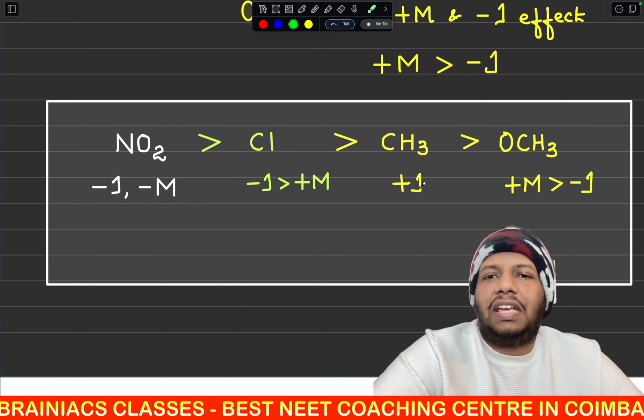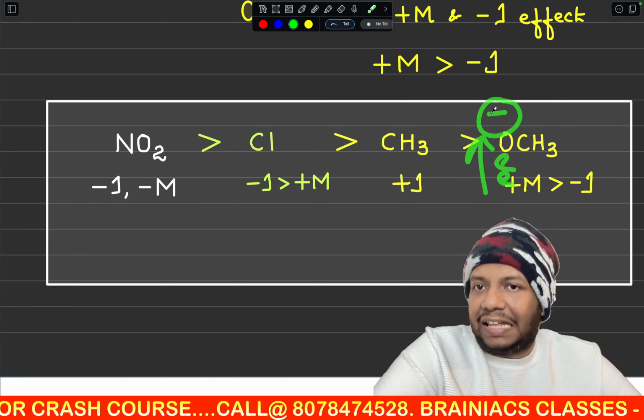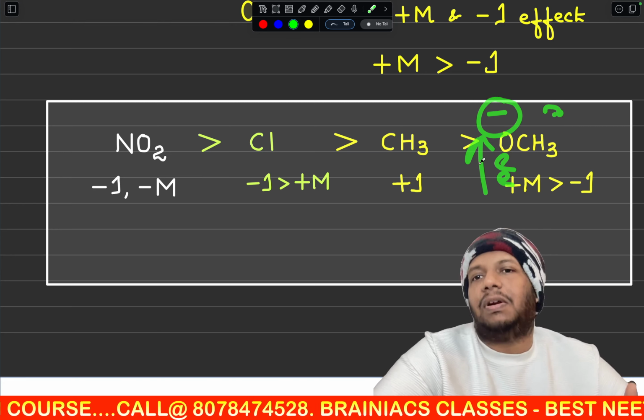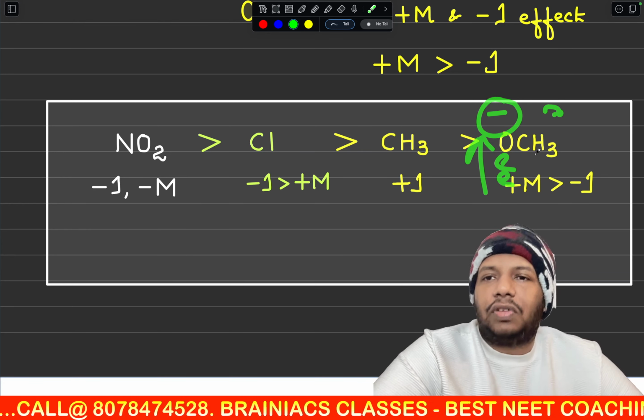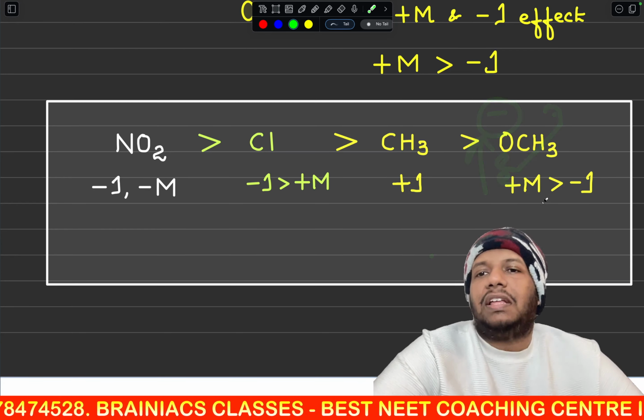Then why does CH3 come first? Here plus M is a stronger effect. That is the reason the electron will move very fast. Very fast in the upward direction means the charge density over there increases, making it highly unstable. That is the reason when the OCH3 group is connected to phenol, its acidic strength decreases very drastically.